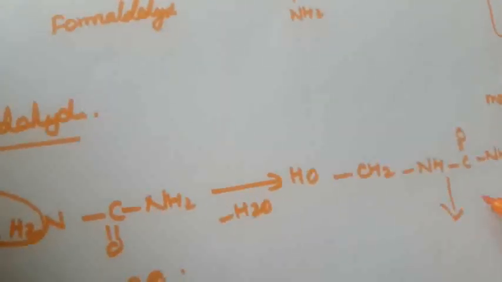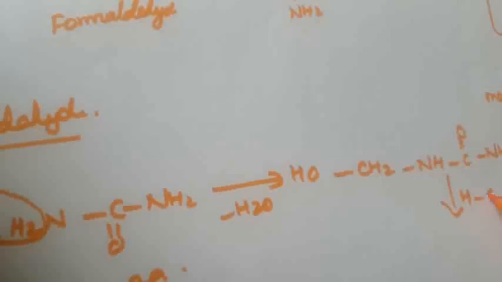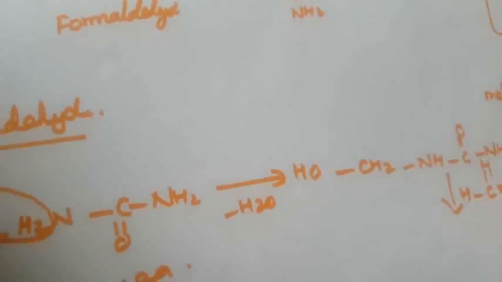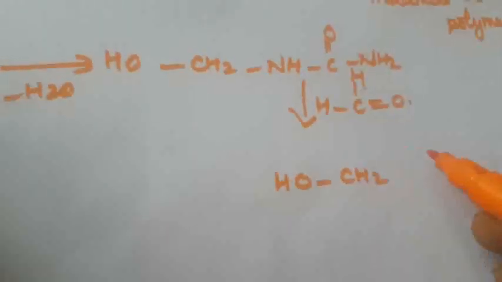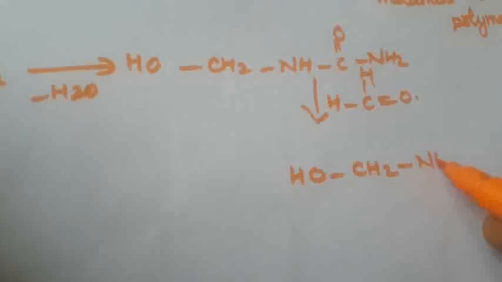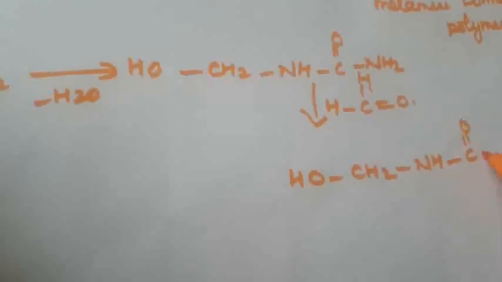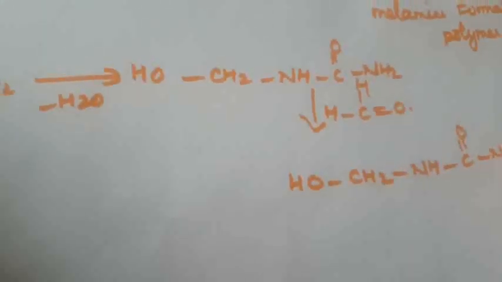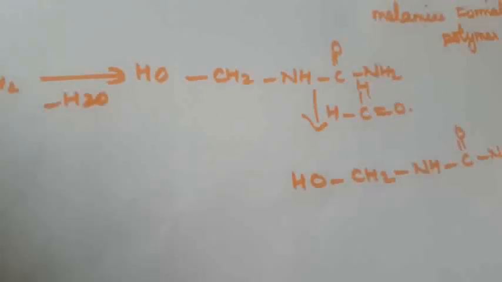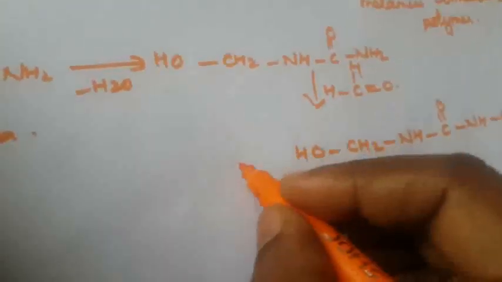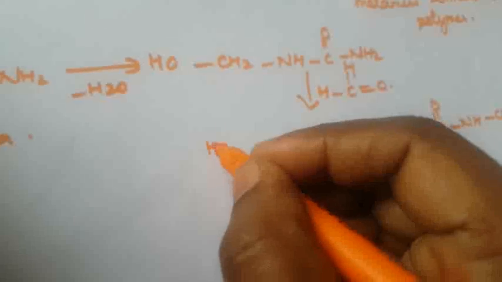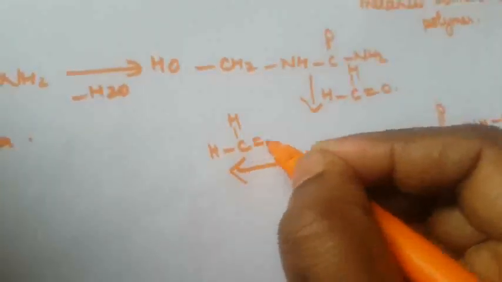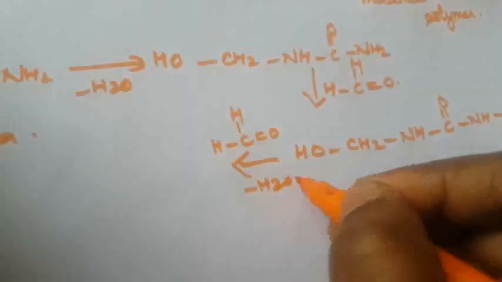Again another formaldehyde will react. So what is this compound? O, CH2, NH, then C double bond O, NH, CH2OH. Now again another formaldehyde will be linked with that compound, and a water molecule will be removed.